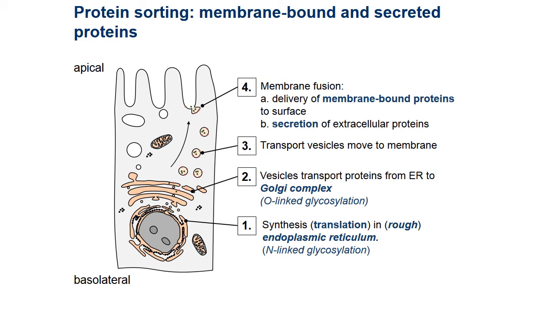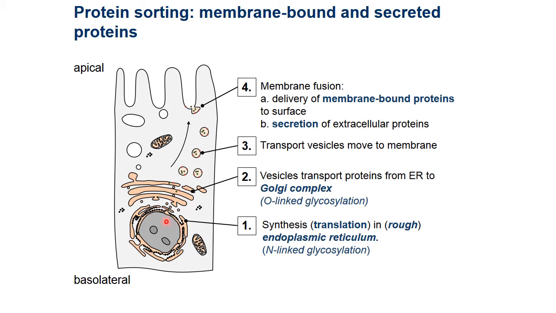Let's now look at these glycosylated membrane and secreted proteins and find out how they arrive at the correct location. So for instance, how do these mucin proteins, how are they secreted or attached to the membrane?